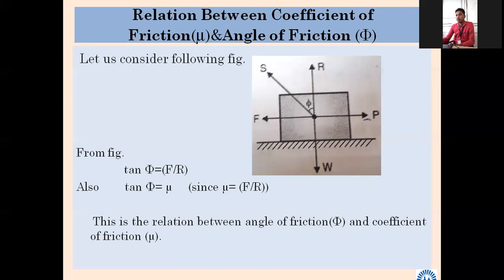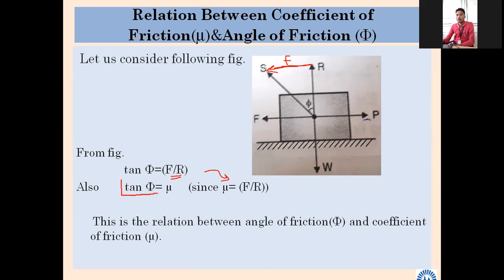Its weight W acts vertically downward, so there will be a normal reaction R. So from the figure, tan phi is equal to F upon R, which is the definition of coefficient of friction. This is the relation between the angles.